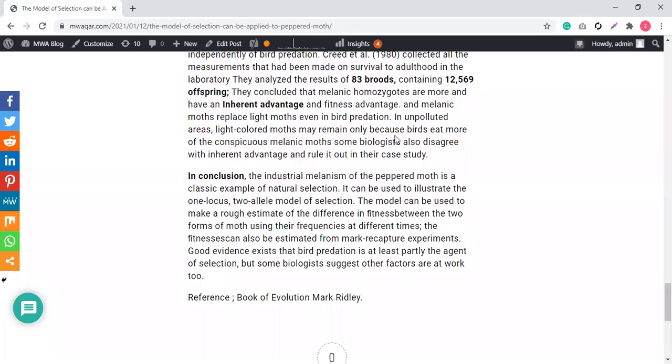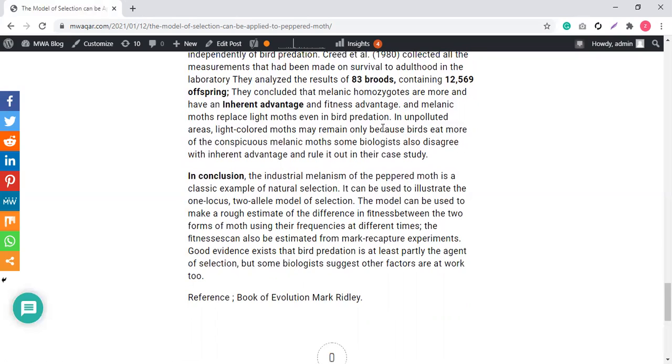Okay. In unpolluted areas, light colored moths may remain only because birds eat more of the conspicuous melanic moths. Now, see, focus on that thing. They want to say that this is obvious, that the melanic form increases in every case, even in the polluted or in the unpolluted areas. But the birds eat more of the melanic moths in the unpolluted areas. That's why the white color or light peppered form appears more.